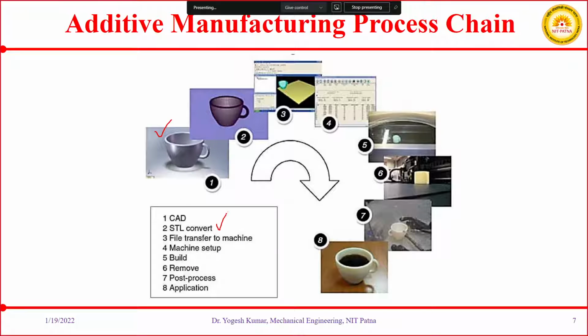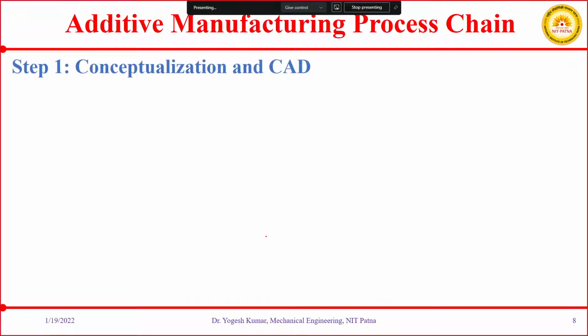Then you have to convert it into an STL file. Then you have to transfer it to your 3D printer. Then you have to set the machine settings, and then you have to print your component. After that you have to remove it, and you need to do post processing. Okay, so we will be discussing these steps now.